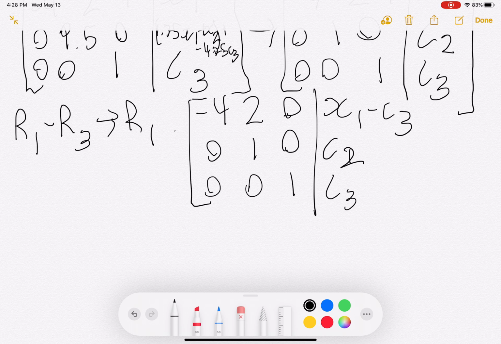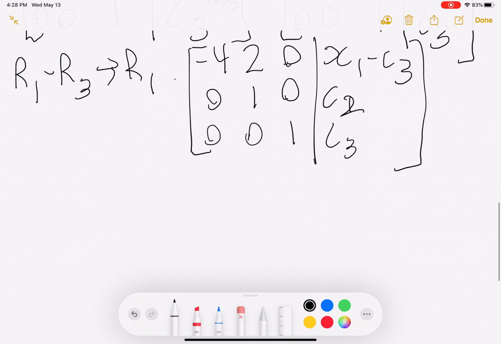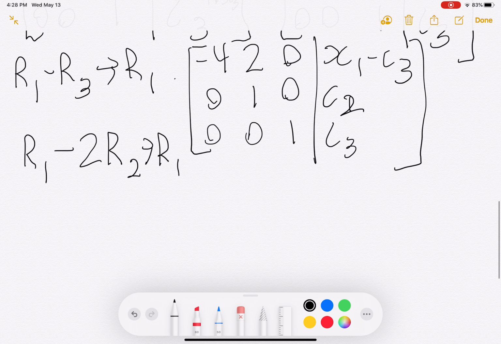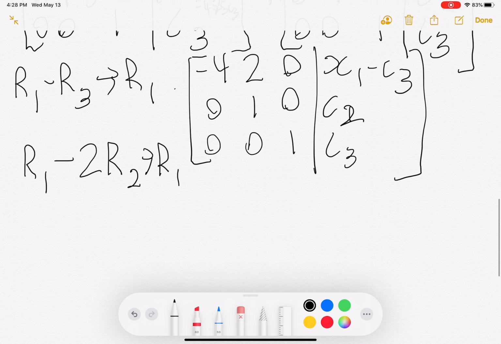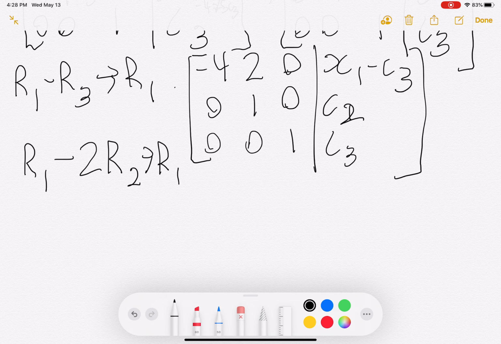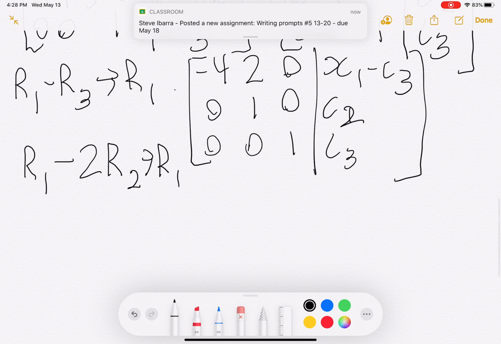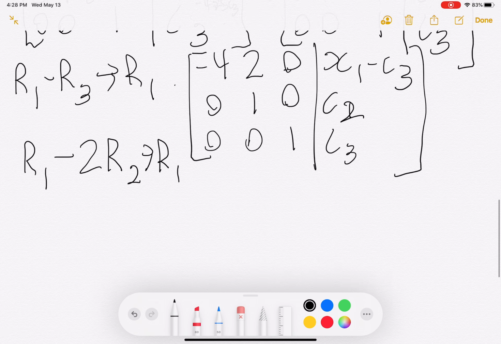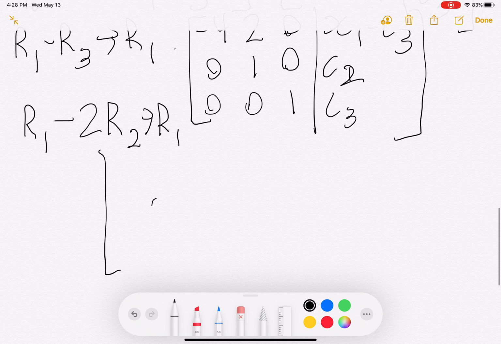Okay. So now let's multiply. So we can do R1 minus 2 times row 2. Okay, R1. So let's do that. So, nice. Okay, we can multiply this by -2. That's the same thing. So let's first write out the matrix.